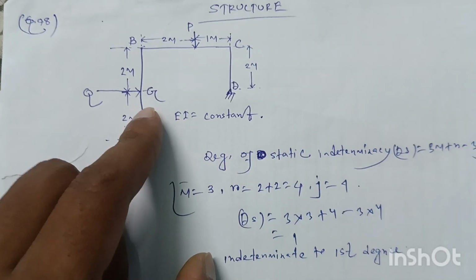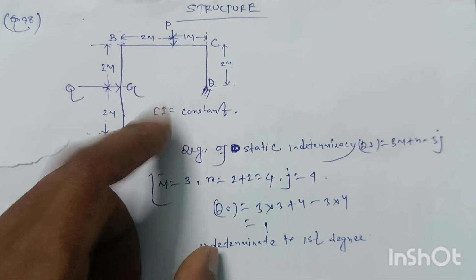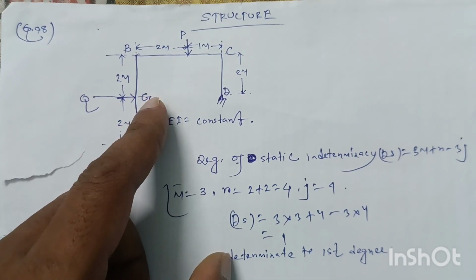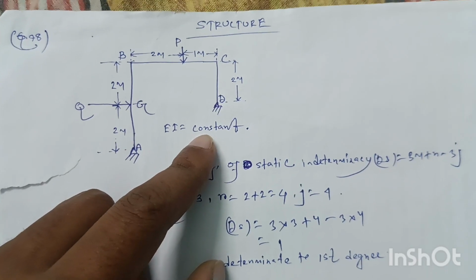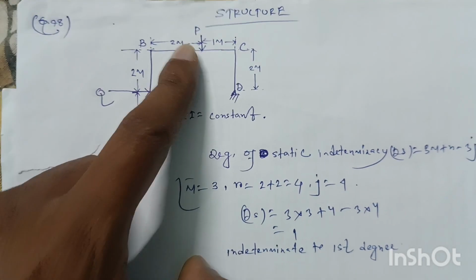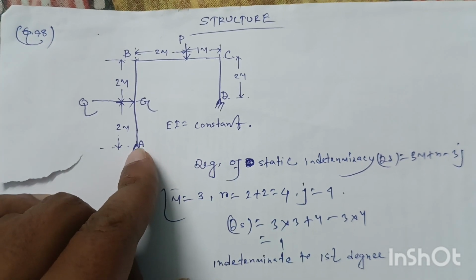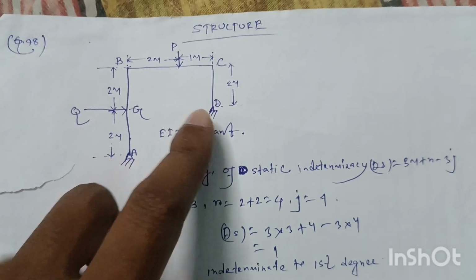Now the degree of static indeterminacy of this frame will be 3m plus r minus 3j. M is the number of members of the frame, R is the number of reaction components from the support of the frame, and J is the number of joints. So number of members will be 1, 2, 3, and number of reaction components from these two supports A and D will be 2 from this end and 2 from this end.